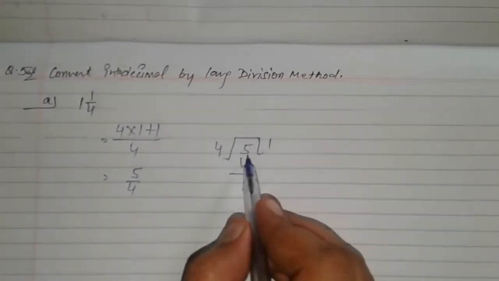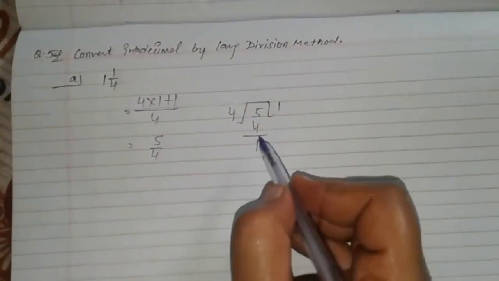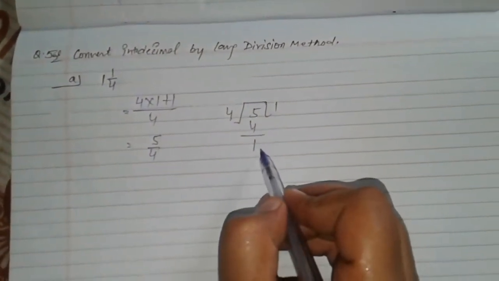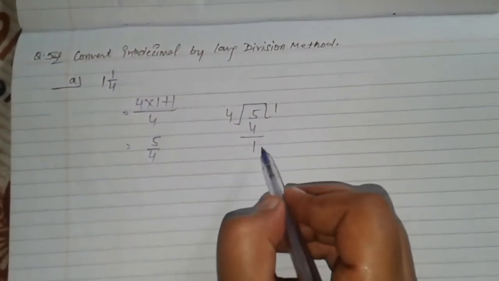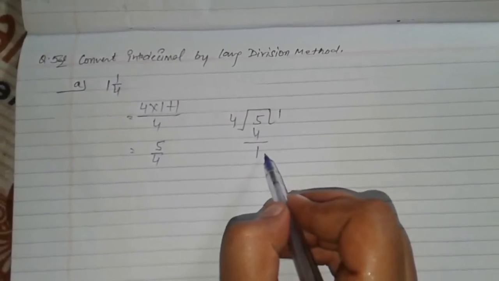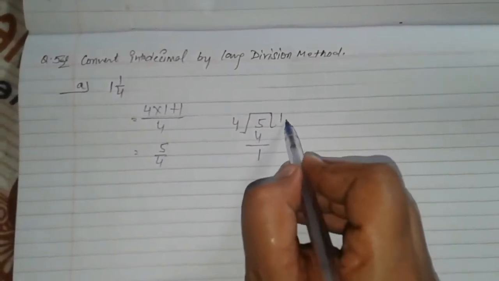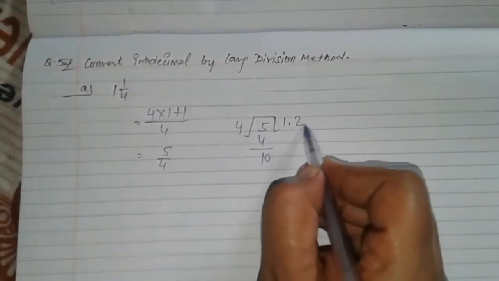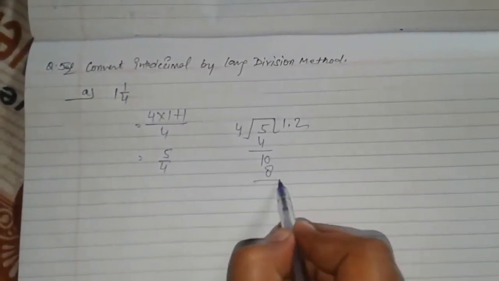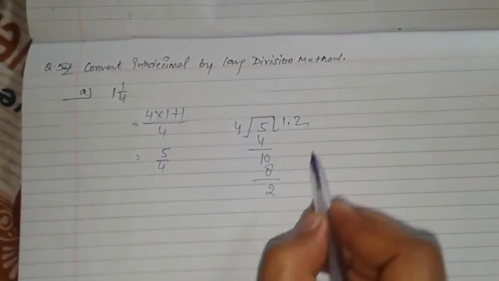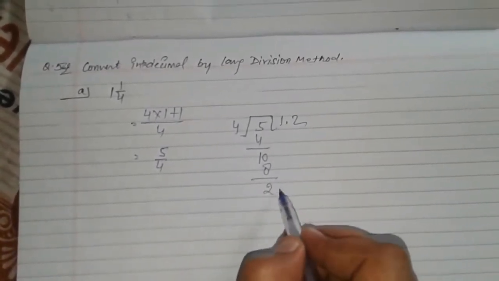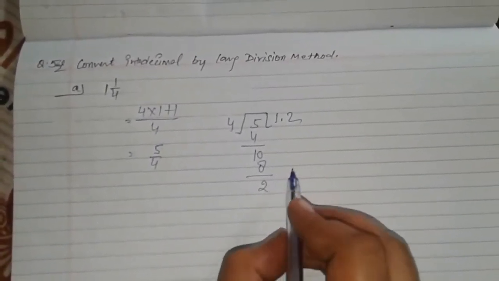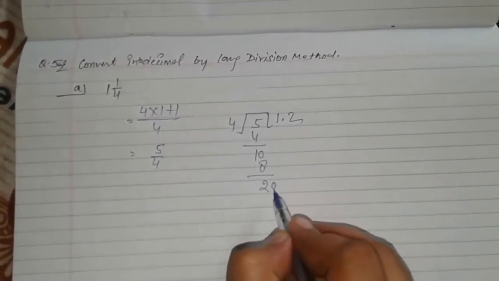Now we have no digit to take down, so we place the decimal there and a 0. 4 twos are 8. Again we need some more, so we put 0 there.